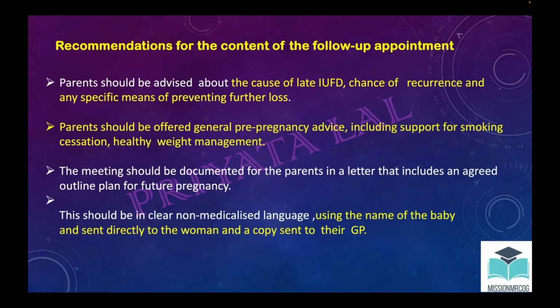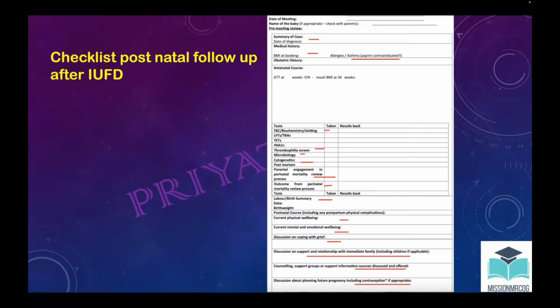Now this they have given in the guideline. These are the checklists to be done at the postnatal follow-up. So basically it is a whole summary of what discussion has to be done. So I just put it here. Not necessary to know, just go through that once only.